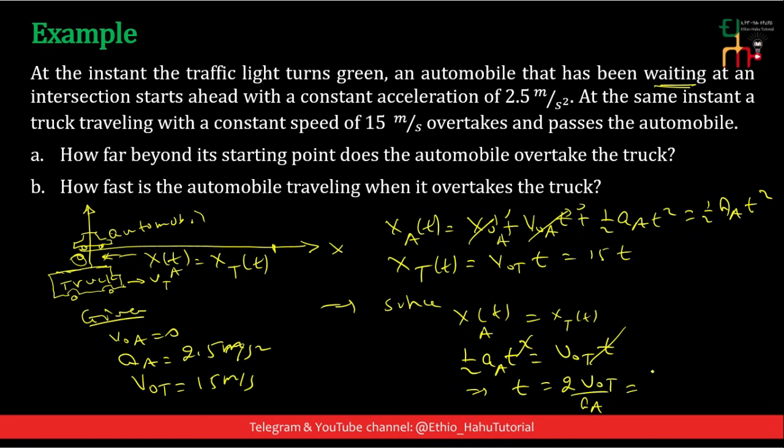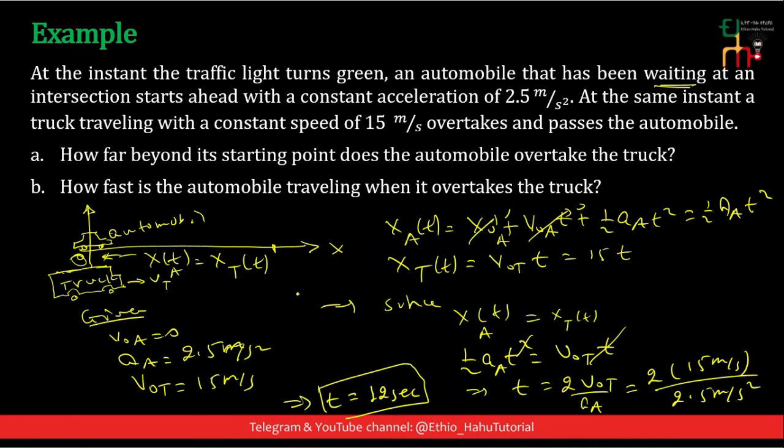This is equal to 2 times v naught of truck, 15 meters per second, divided by acceleration of the automobile, 2.5 meters per second square. This implies t is equal to 12 seconds. If we multiply 2 by 15 and divide by 2.5, then we have 12 seconds.